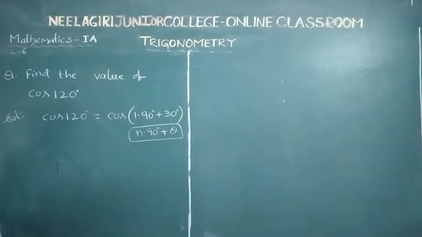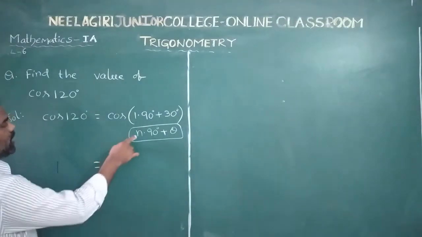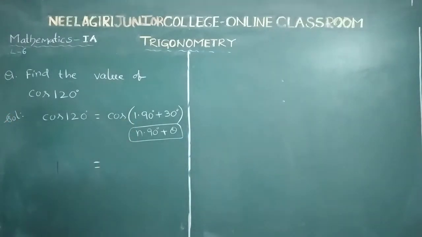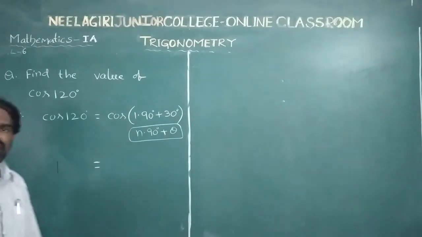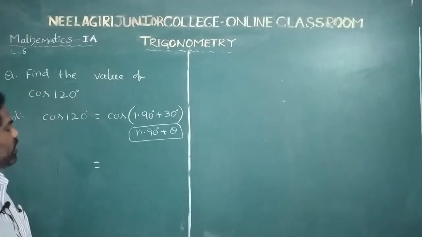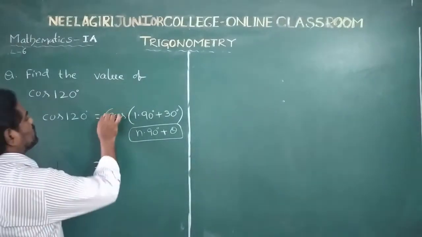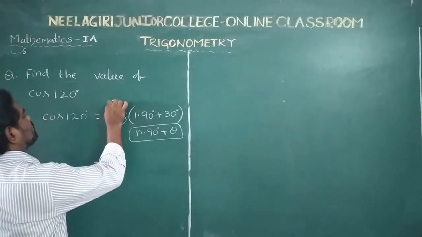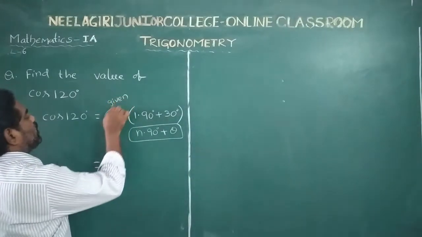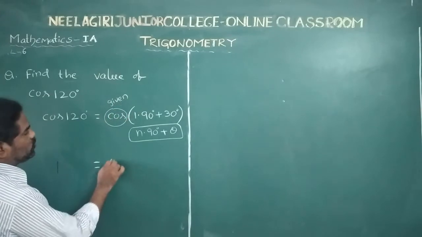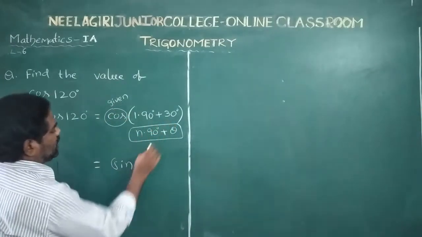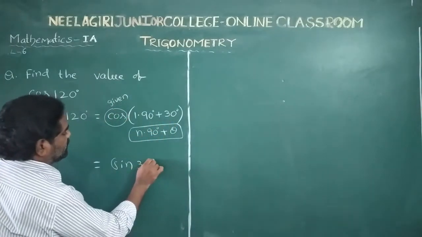Now, here n equals how much? n equals 1, which is an odd number. When it is an odd number, cos changes to sin. This is the given function. The angle is 30 degrees.